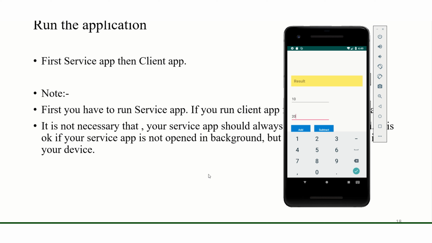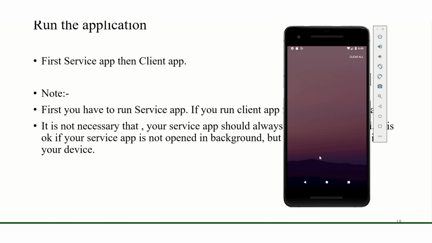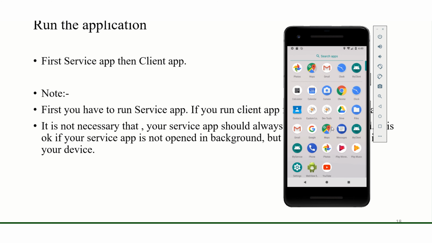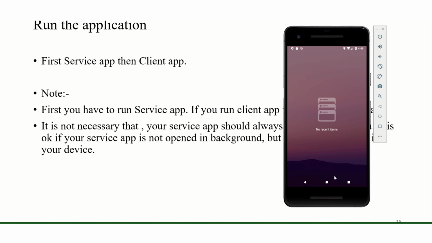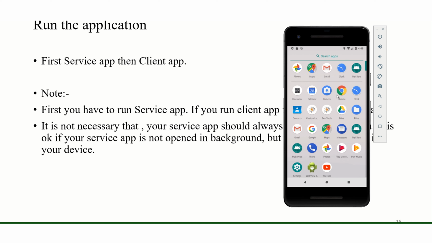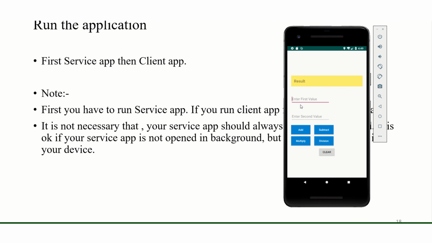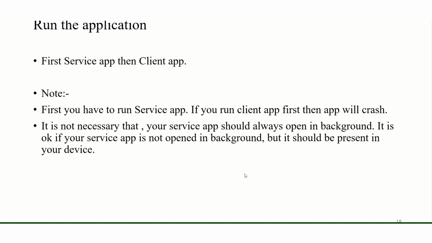Let's take a look at it. Okay, no application is in recent apps, and I'll open my client and we'll do 10, 20, and we'll get the result though our service app is not open in the background.